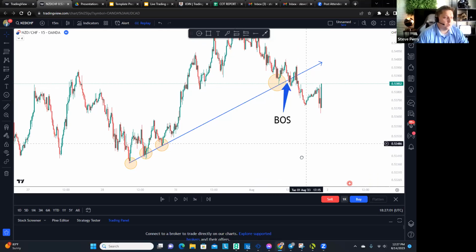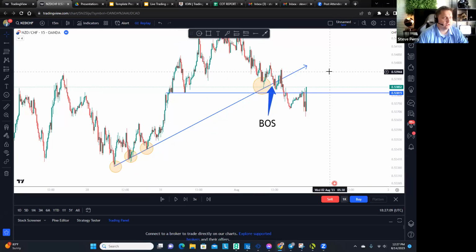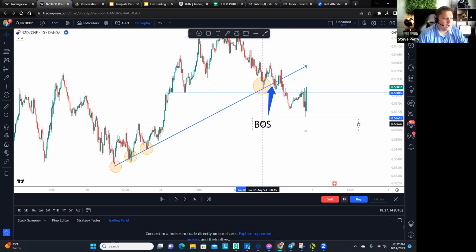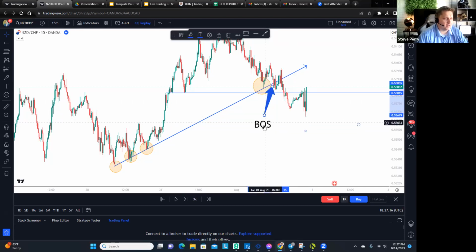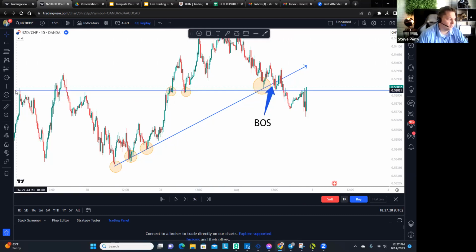Okay, what else can we dissect? Are there other patterns we can get? What else is going on? Well, you had another structure break right here. So I think Brooks wanted to talk about this a little bit more today, and correct me if I'm wrong, but you have another horizontal support resistance level. It's funny actually, this line used to be resistance.